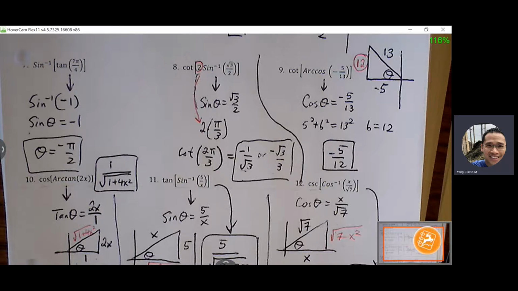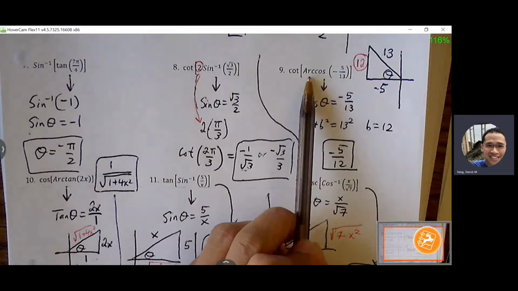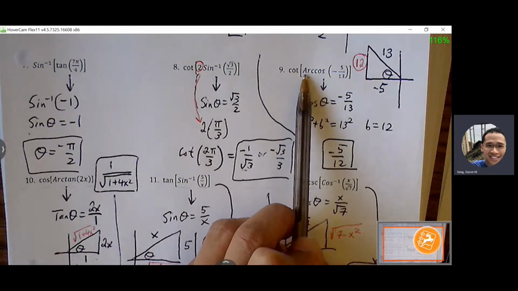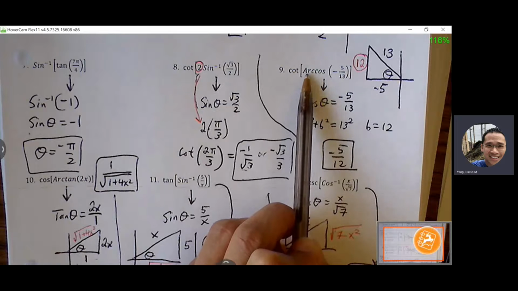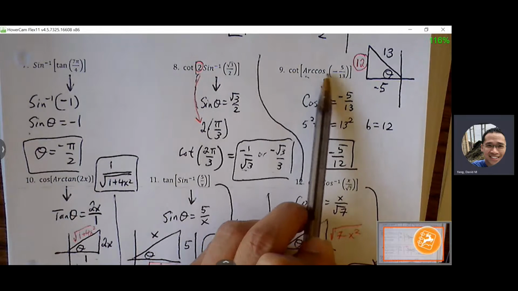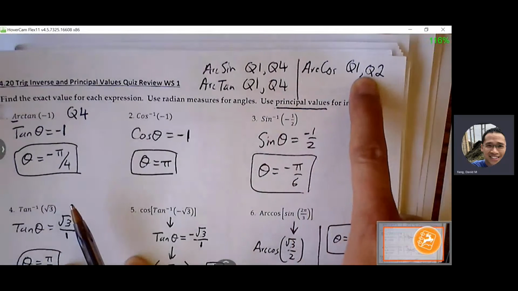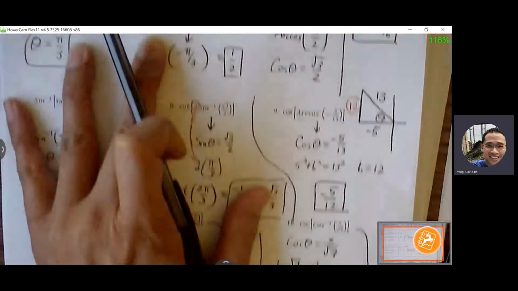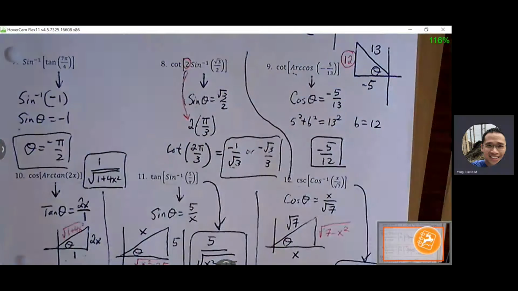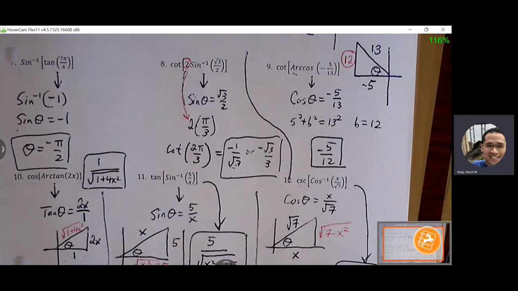For number 9, how do you want to draw the triangle in the second one? Because you see that capital A? That means we're dealing with a principal value for cosine that's negative. Cosine is negative in the second quadrant because the principal value is here. Now, if it was arctangent that's negative or arc sine that's negative, then we'll draw it in the fourth quadrant.